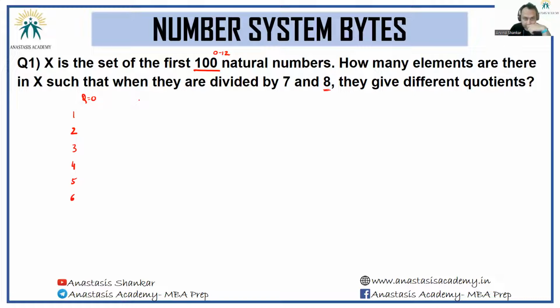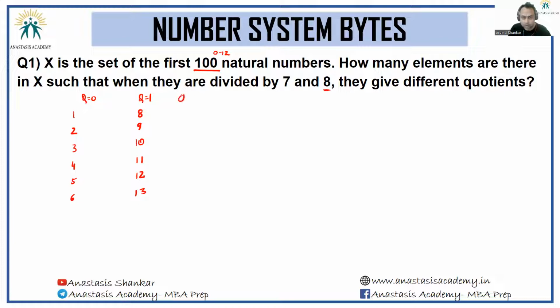Okay. When quotient is 1, the numbers would be 8, 9, 10, 11, 12, and 13. We can't go beyond this because 14 upon division by 7 gives a quotient of 2, but upon division by 8, it will still give a quotient of 1.